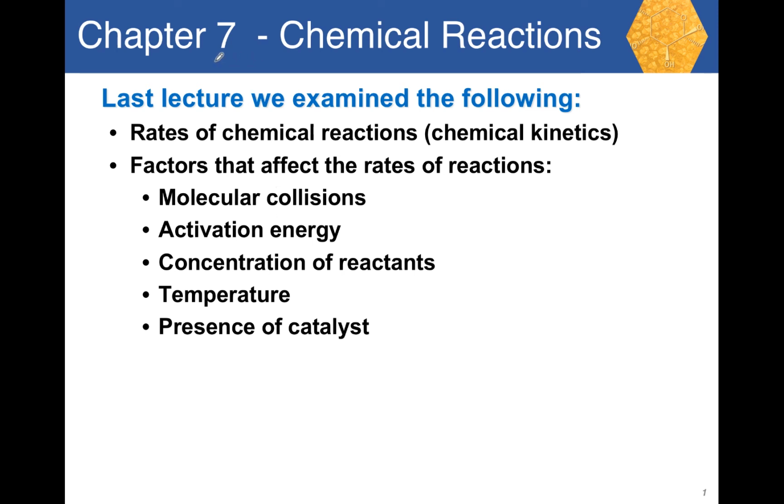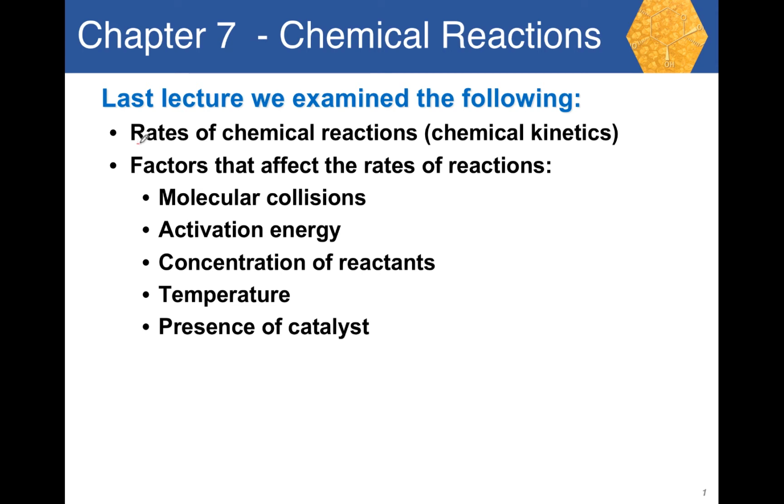In Chapter 7, we're looking at chemical reactions. Before we discuss our lecture today, let us quickly review what we covered last lecture, which was basically the first part of Chapter 7.